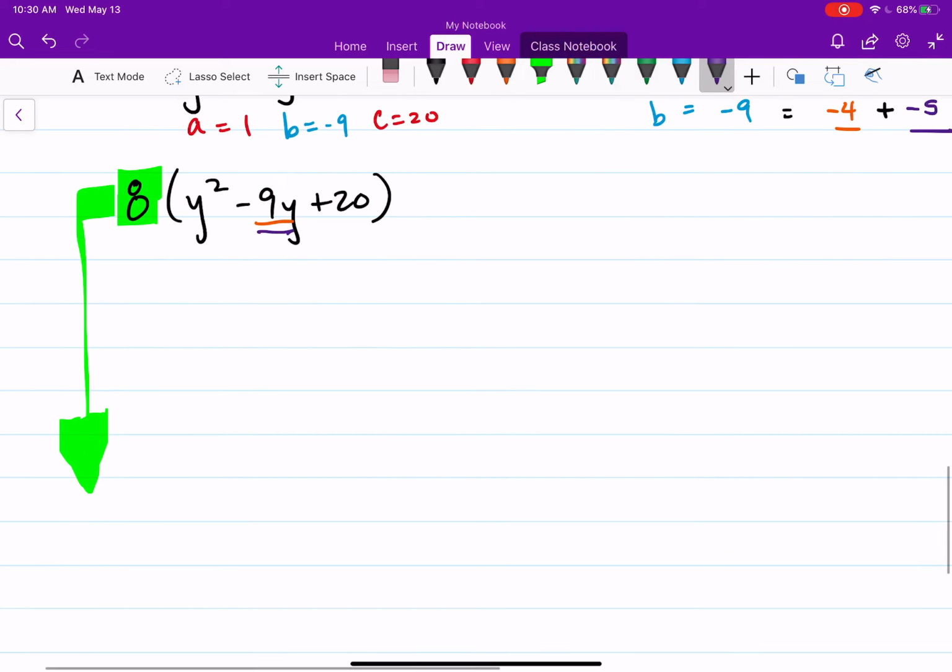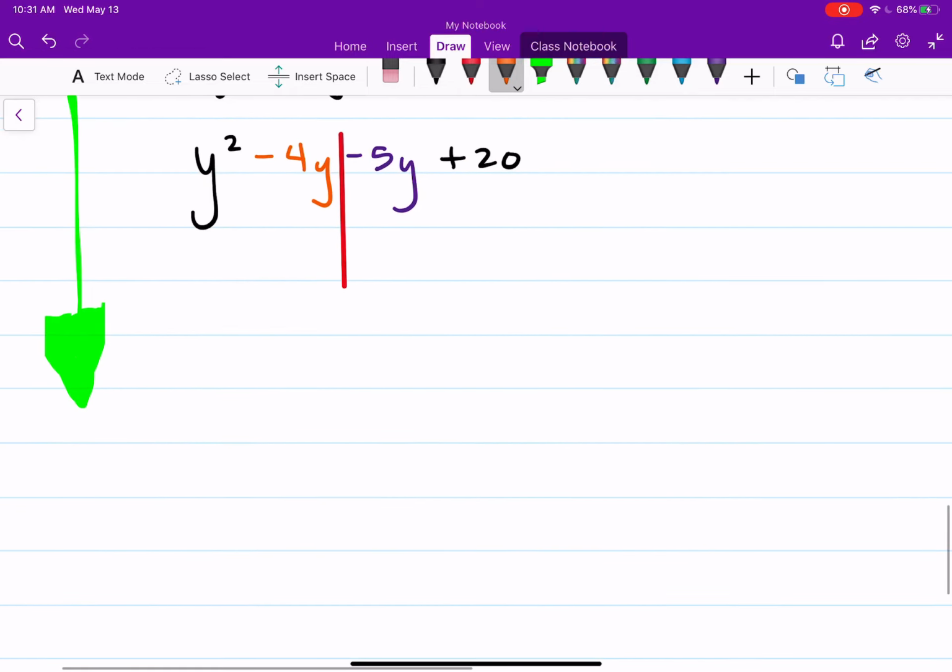So I'm going to have y squared minus 4y minus 5y plus 20. And then I got 4 terms, so I split it down the middle. I do the GCF on the first group, which is a y, leaving me with y minus 4.